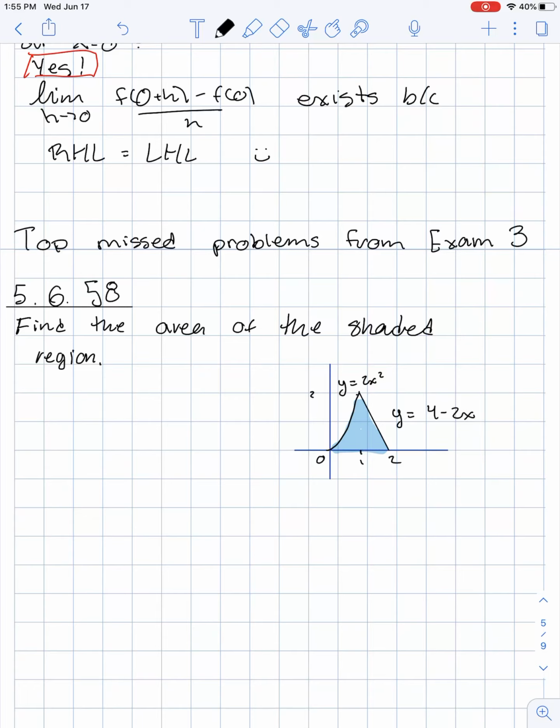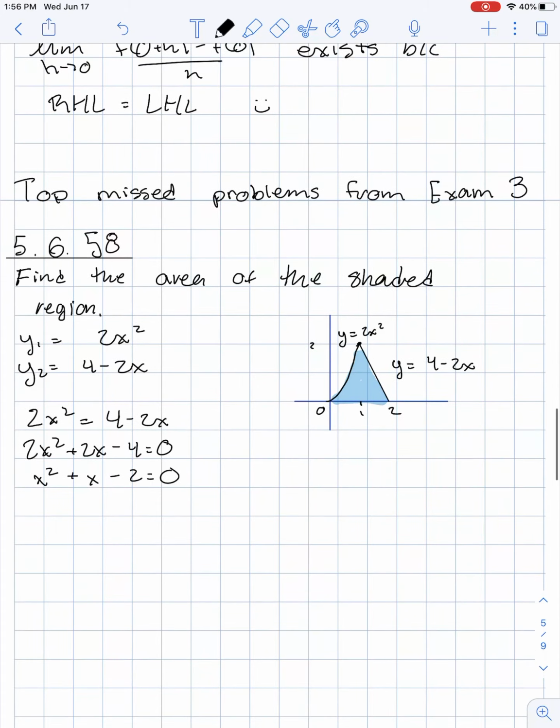I want to make sure where that graph meets. So let's call y1 equal to 2x squared, and y2 equal to 4 minus 2x. Okay, and we're going to set those equal to each other. So 2x squared equals 4 minus 2x. So I get 2x squared plus 2x minus 4 equal to 0. I can divide everything by 2, so x squared plus x minus 2.